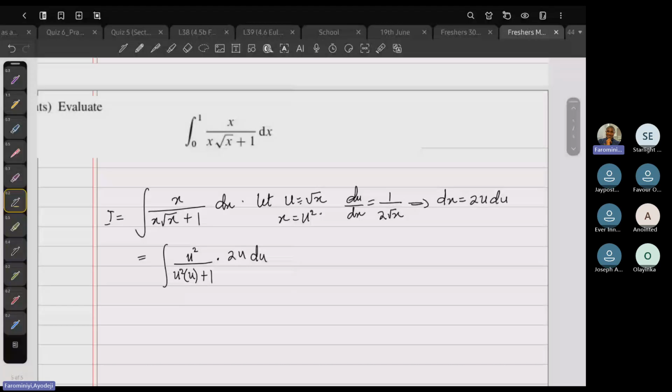If there's any problem, let me know. Is it clear up to this point? Good. So this can be rewritten as 2 u cubed over u cubed plus 1 du. Now it is no more as ugly as it was before.